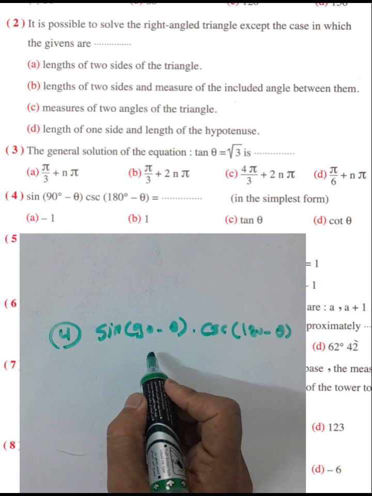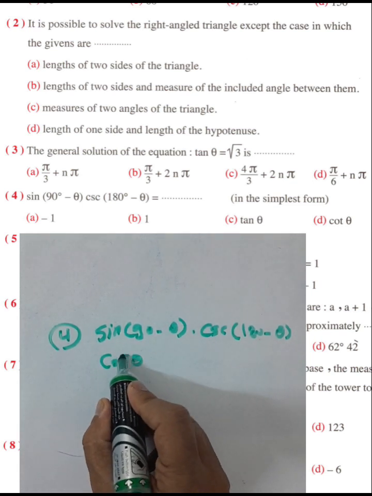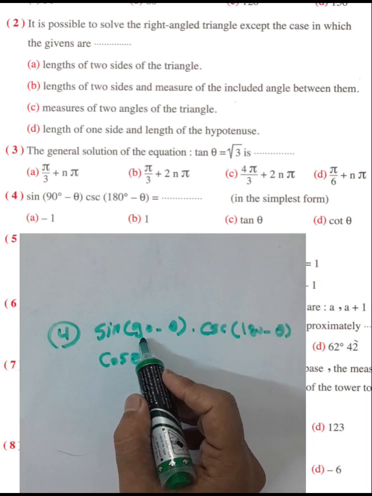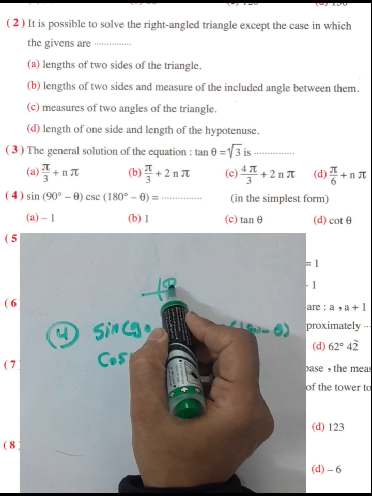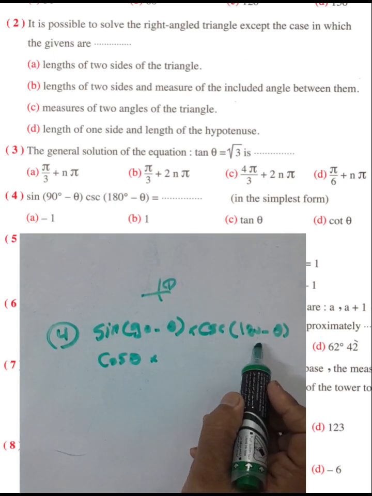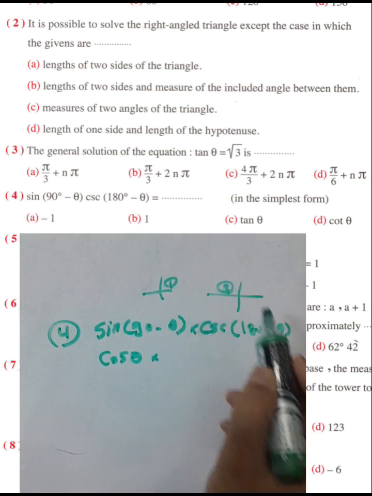Sine of 90 minus theta we can write as cosine theta, because 90 converts sine to cosine, and 90 minus theta lies in the first quadrant. Times cosec of 180 minus theta, which lies in the second quadrant.